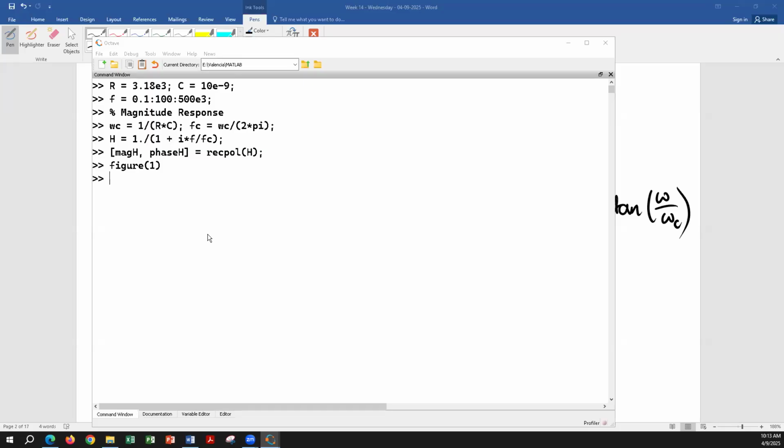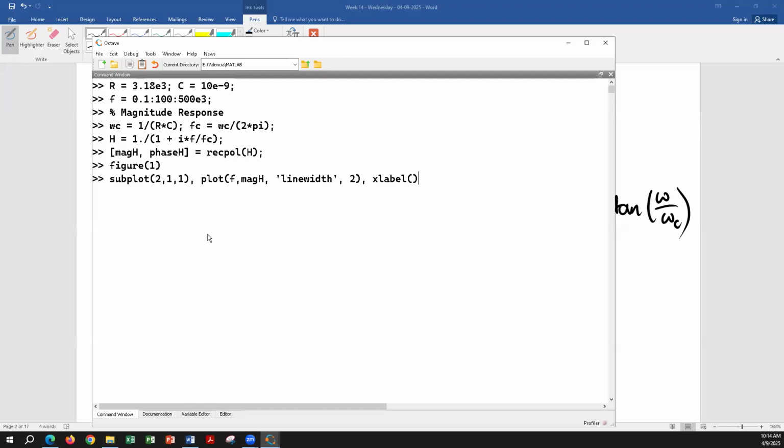So subplot 2, 1, 1. I'm going to divide my figure into 2 subplots, and the first one I'm going to plot using a linear plot. Plot f comma magnitude of H. My line width, I'm going to keep a little thicker, 2.